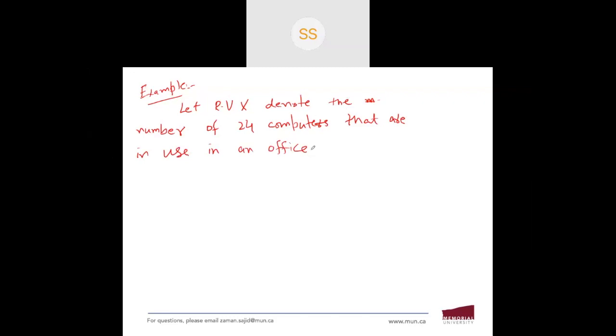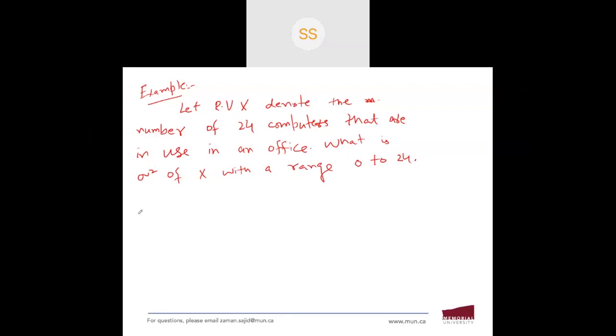Now, what is the variance of X, with a range from 0 to 24? 0 means we don't have any computers. 24 means we have 24 computers.